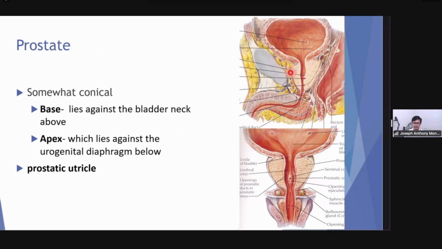It has its base, which will be having a close proximity towards the bladder neck, and its inferior aspect, or the apex, close proximity towards the urogenital diaphragm. And your prostatic utricle, later it has an analog in reference to the female, and this is what I'm trying to drive at.